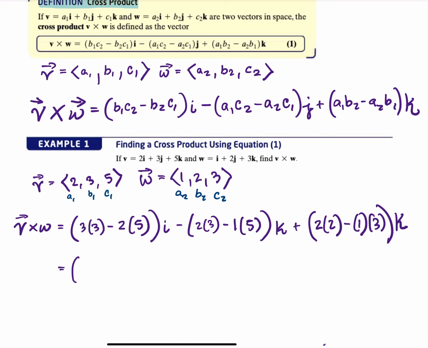So that should give us 9 minus 10 i, minus 6 minus 5 j. It looks like I wrote a k here. It should be j. Plus 4 minus 3 k.